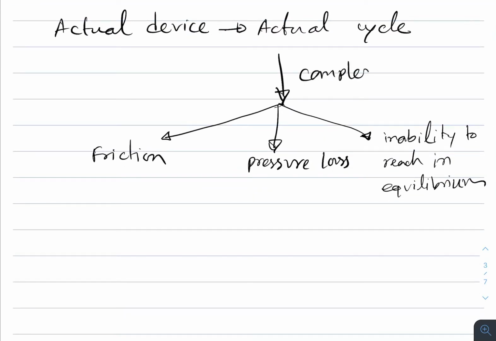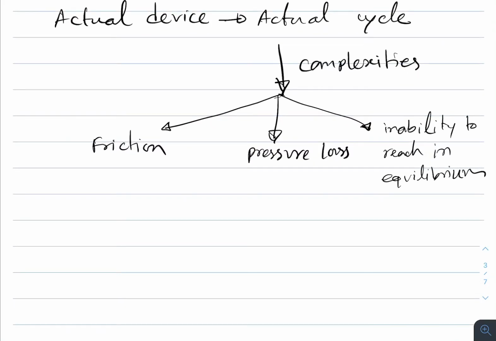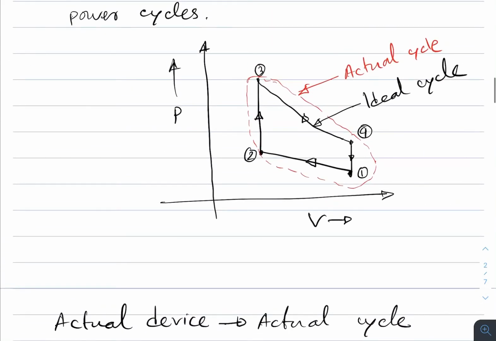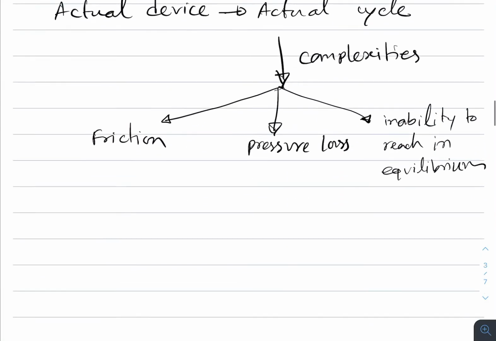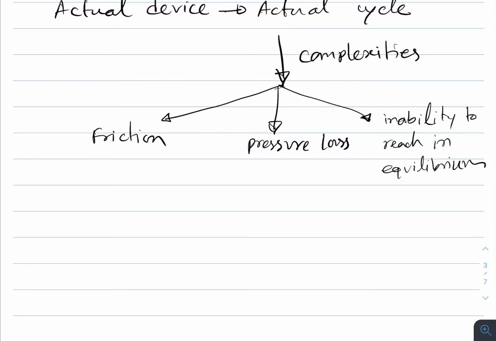So these are the complexities associated with the actual cycle, right? To keep these complexities at a manageable level, the concept of the ideal cycle came out. If we have an ideal cycle, then we can compare and see which devices are actually not giving us their 100% efficiency. So we can figure that out, and then we can minimize those effects, or those losses.